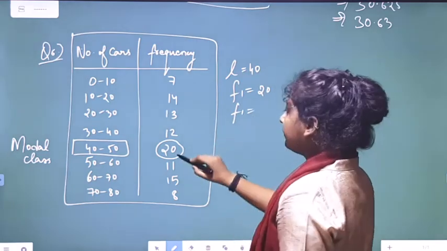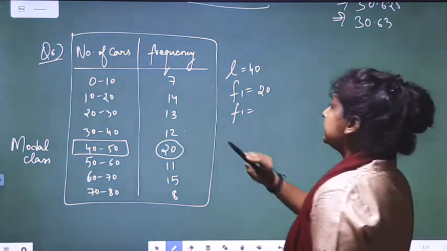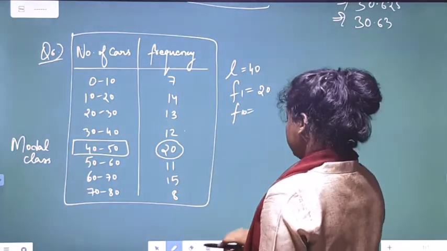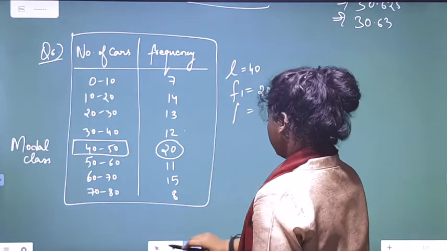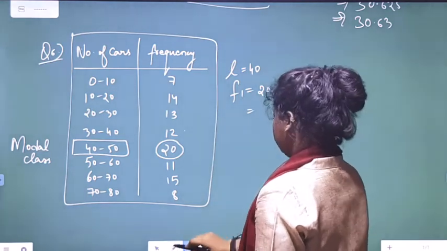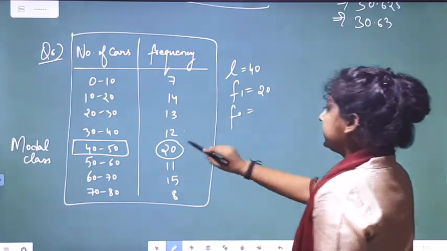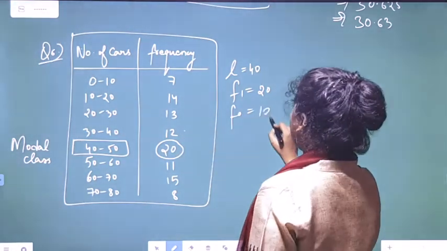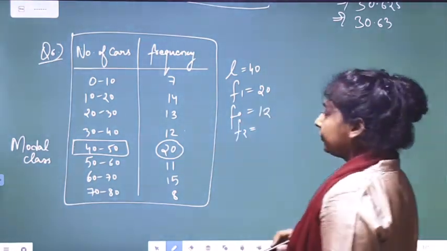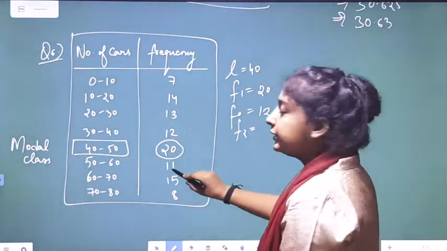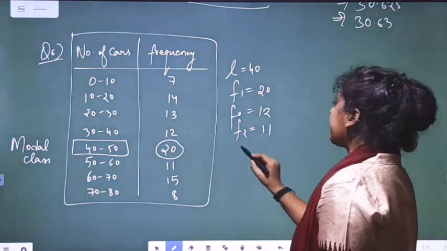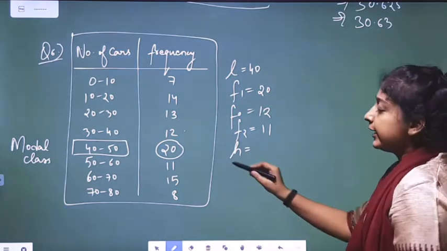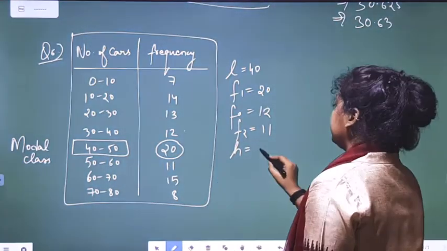The preceding frequency, that means the frequency just above this, will be F0, which is 12, and F2 will be the succeeding frequency, the frequency just below this, which is 11. Then the class size, you can see the gap is 10, so H equals 10 here.